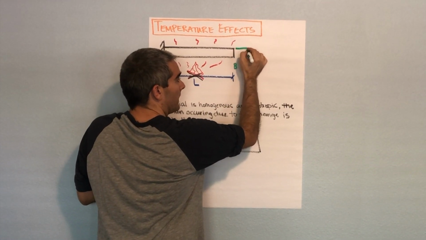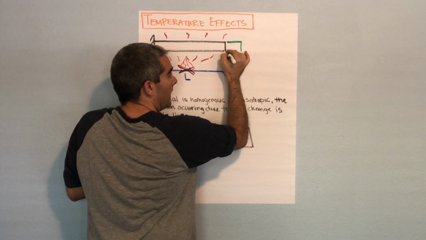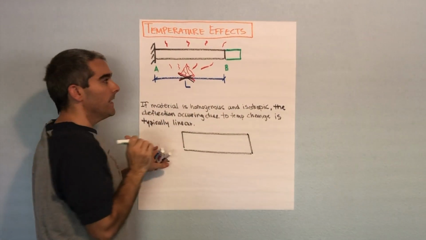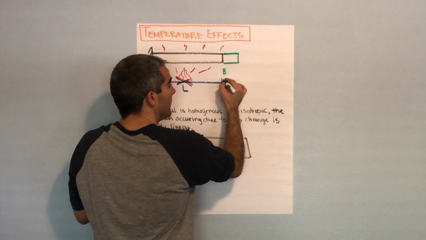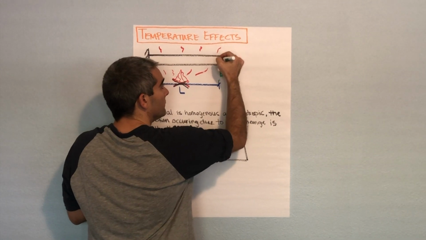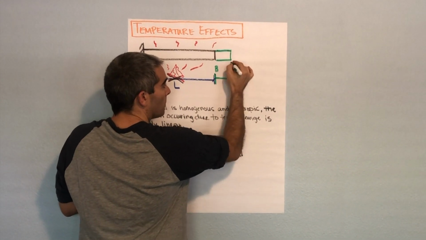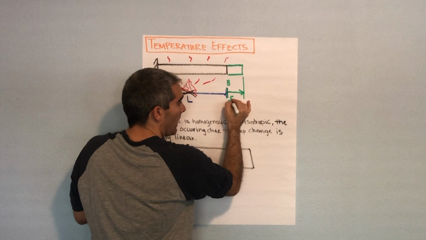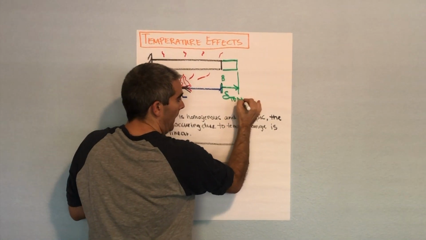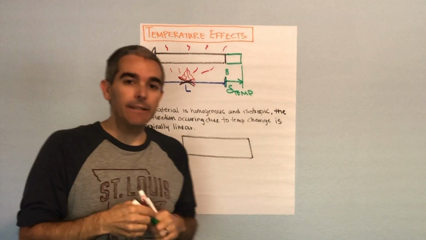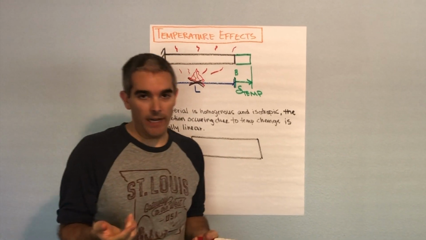So we might expect a deflection, something like this. And we'll call this deflection delta temp. So this will be the deflection due to a temperature change.